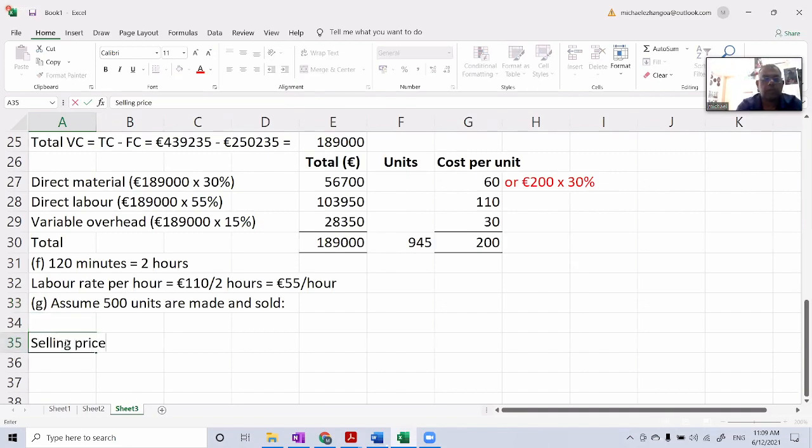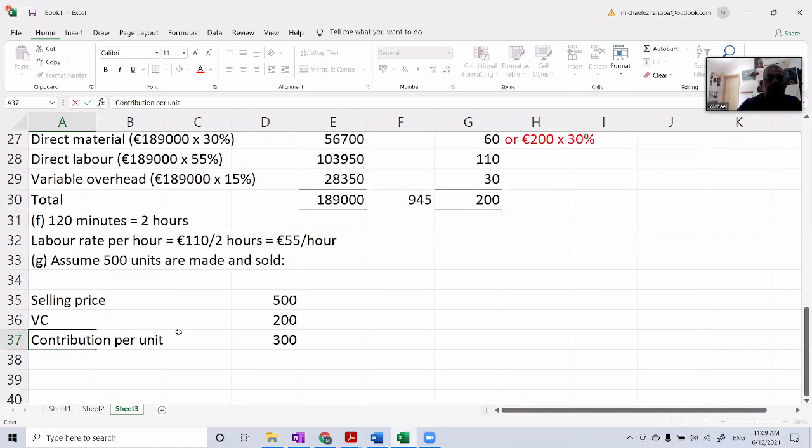Selling price is 500, variable cost is 200. So contribution per unit is 300.